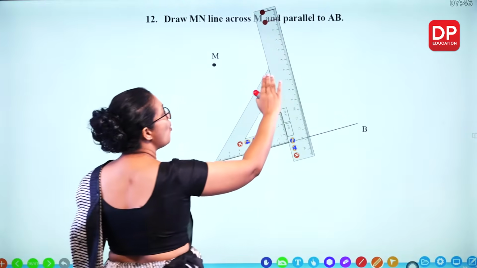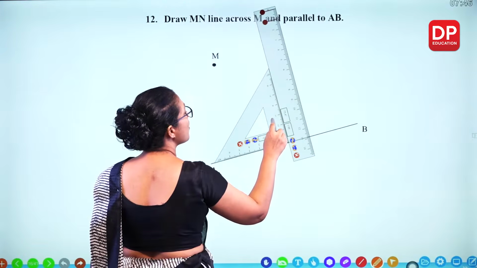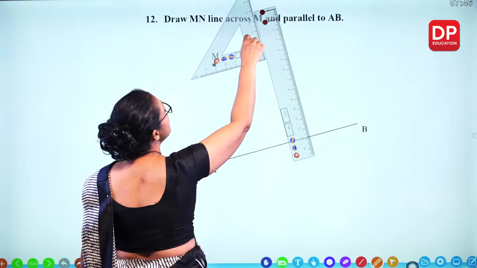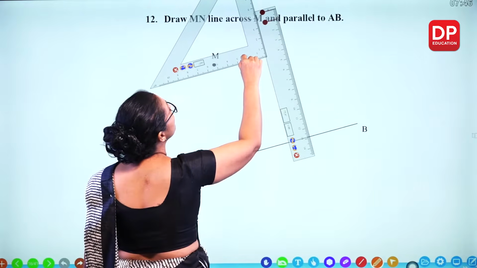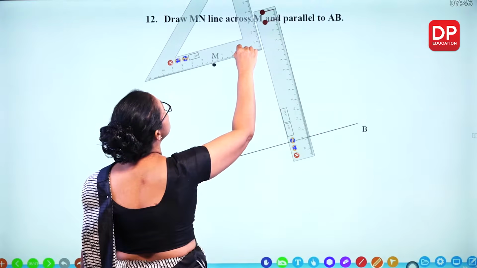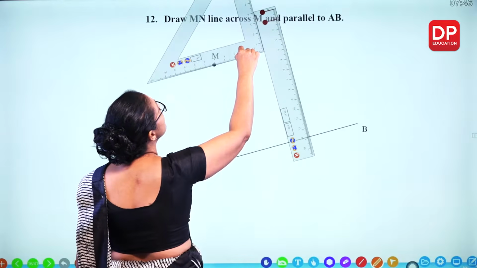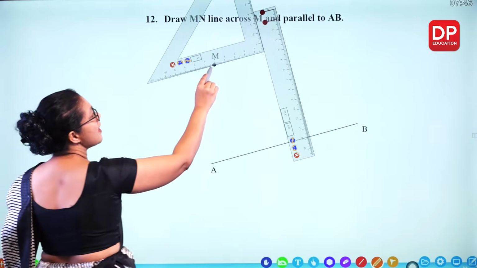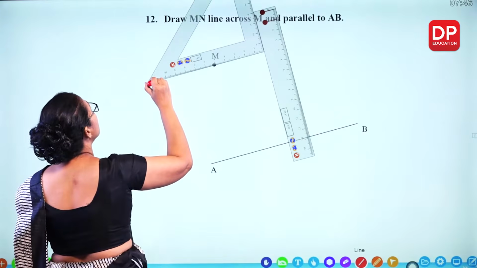And now hold the ruler tightly and you can push the set square up because we need to draw a parallel line that passes through M point. So like this. So you can see this line passes through M and now you can draw the line.